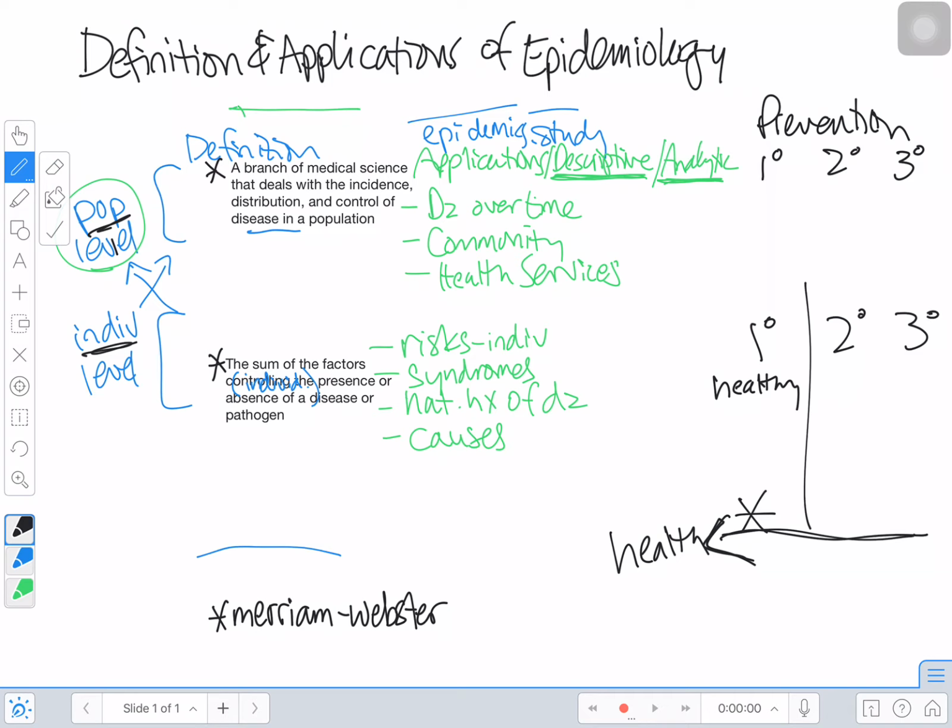And in order to keep them healthy, the two kinds of things that we can do are health promotion and specific protection. By health promotion, what we mean is that we are sending people towards the healthiness end of the spectrum.